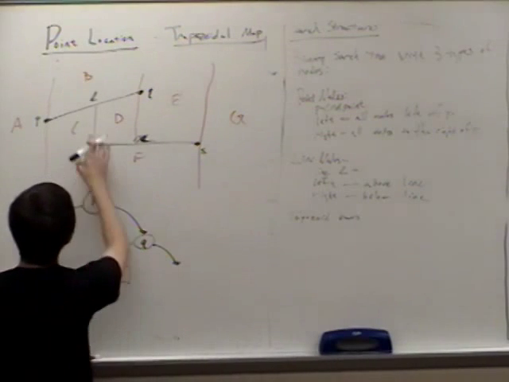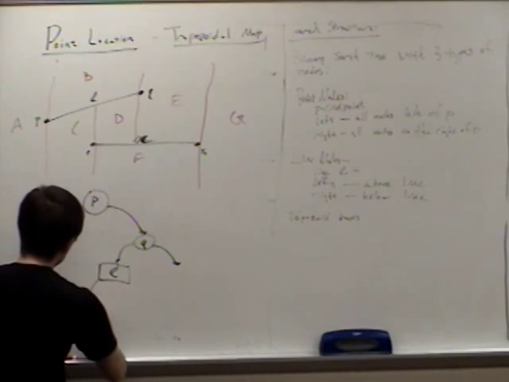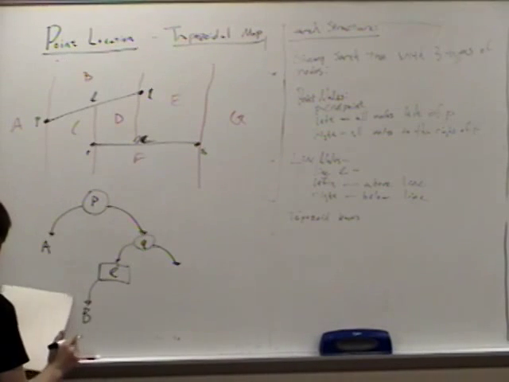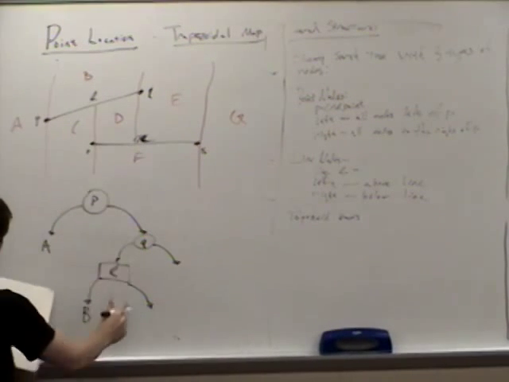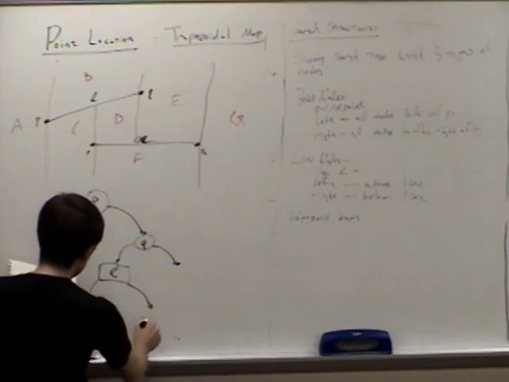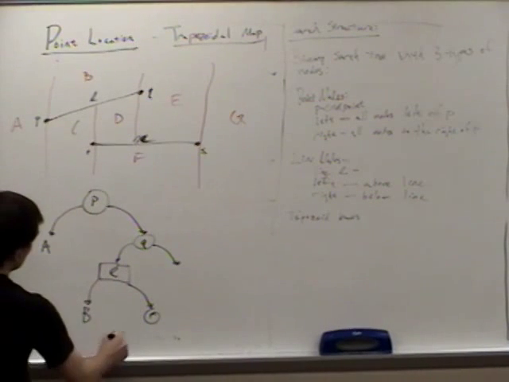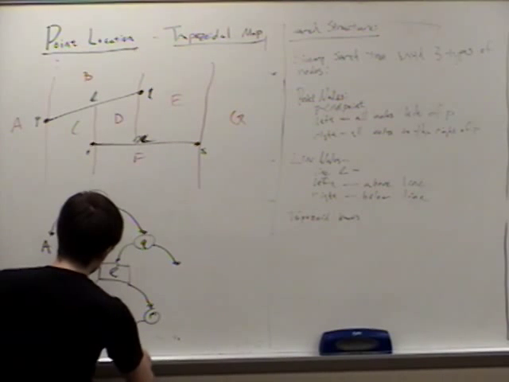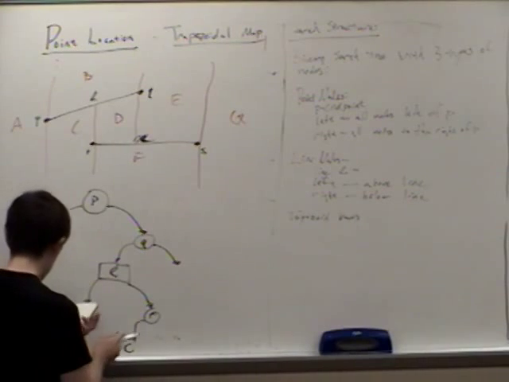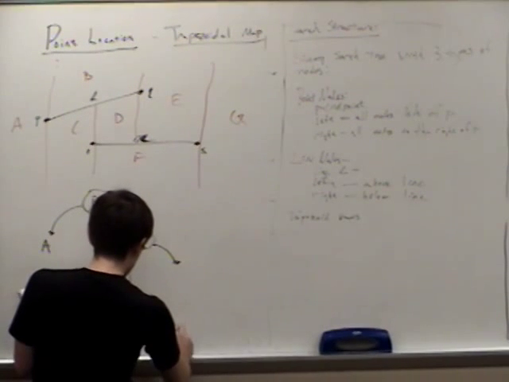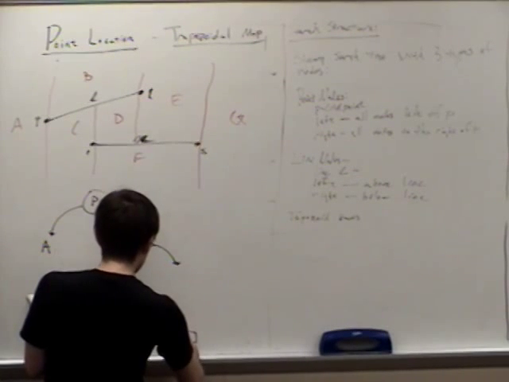We have a line node here. So above L, we'll have a leaf node for B. And then below L, these are all the points below there. Let's put in a point node for R. To the left of R, we'll have a leaf node for C. And to the right of R, we'll have another line node here with M in it.